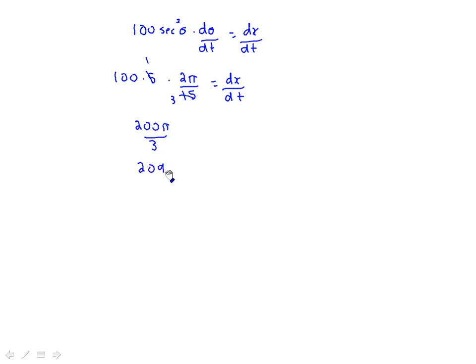So 209.4, and that's meters per second, is the rate the light is moving at x equal 200 meters. So that's not a constant. At that point it's going that speed, but it wouldn't be going that speed at all points.